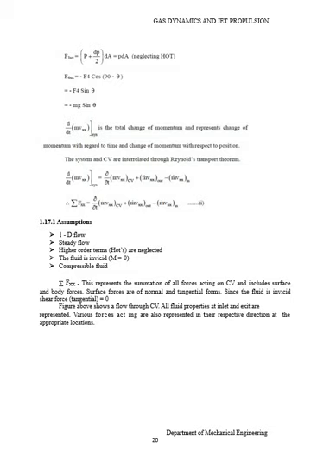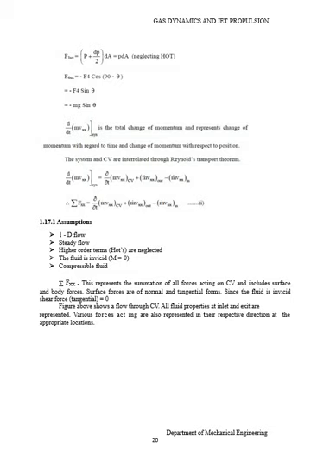F4x is equal to minus F4 cos(90 minus theta), which is equal to minus F4 sin theta, equal to minus Fg sin theta. Then d by dt of m Vx for the system is the total change of the momentum and represents change of the momentum with regard to time and the change of the momentum with respect to position.